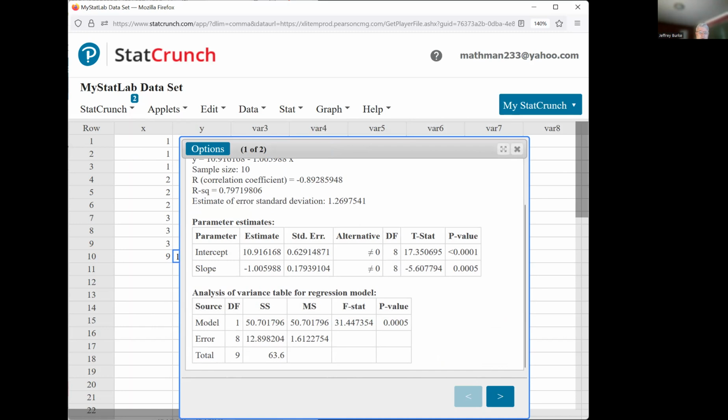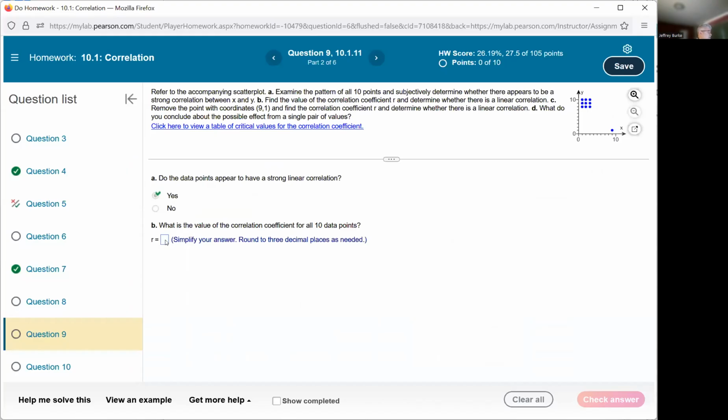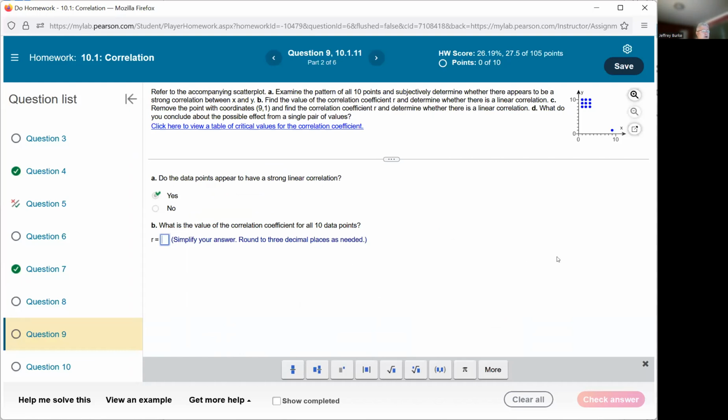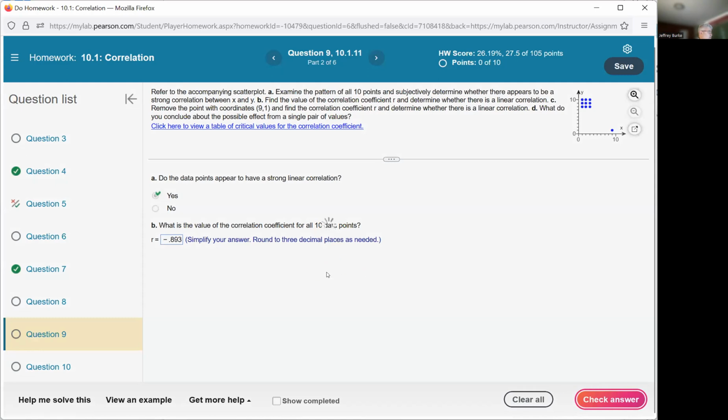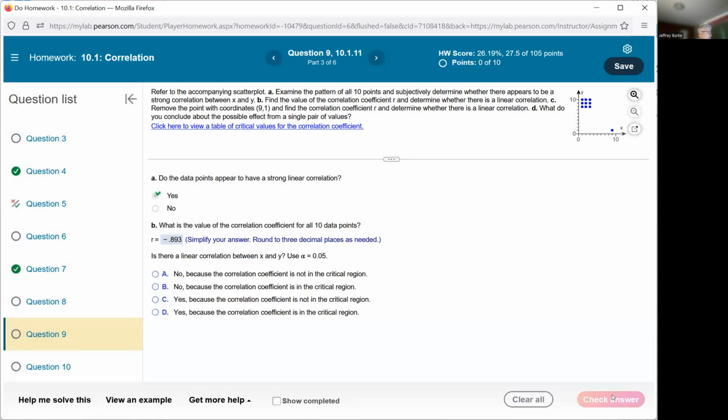Let's go back to the original screen. So the correlation is going to be negative 0.893. When it takes a long time, it makes me worry. Is there a lot of correlation?